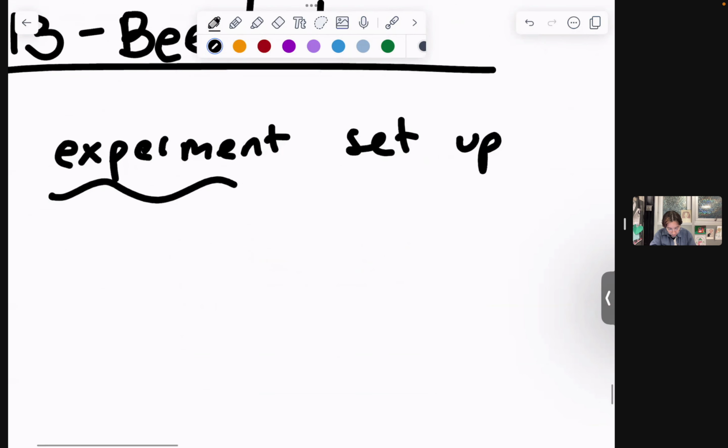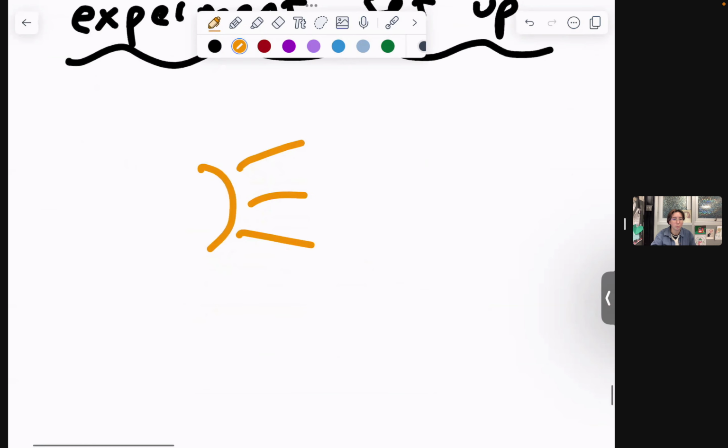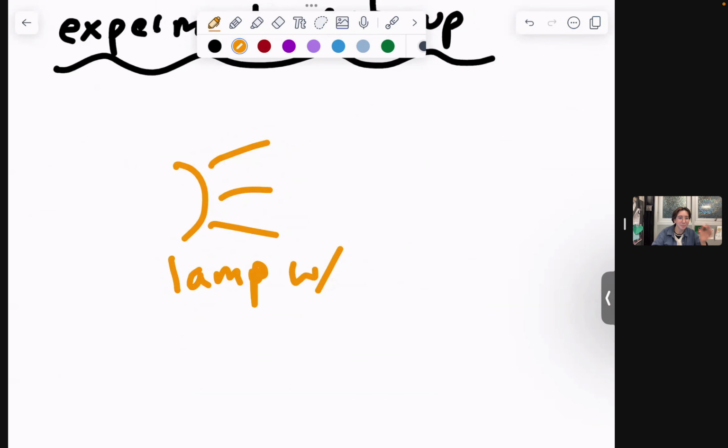Just to give you an idea of how this goes, you have some kind of lamp, something with light coming out of it. That lamp is a full light bulb, which has the whole visible range. If it's a fancy one, then it also has UV. I'm pretty sure we only have visible.